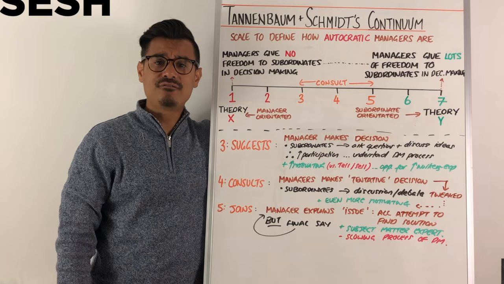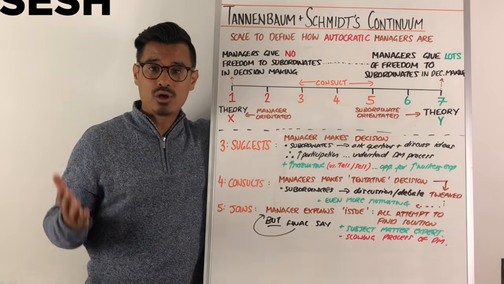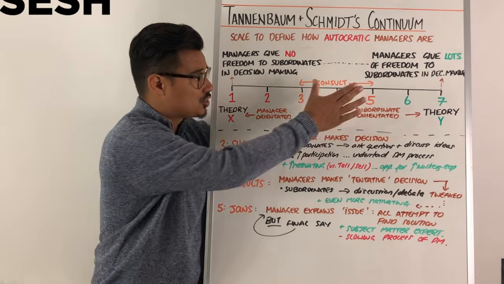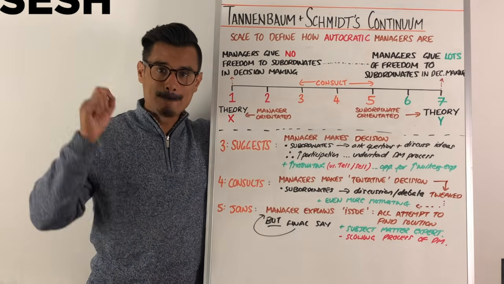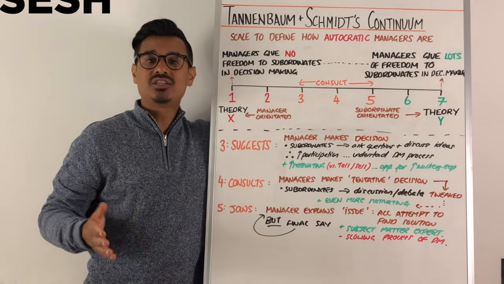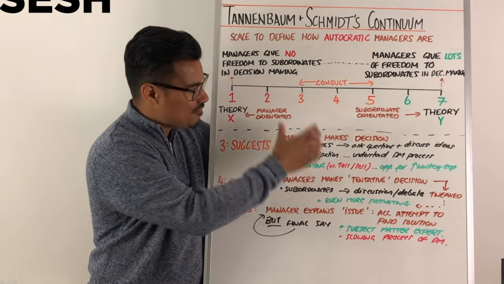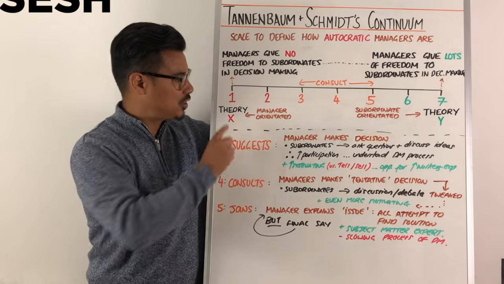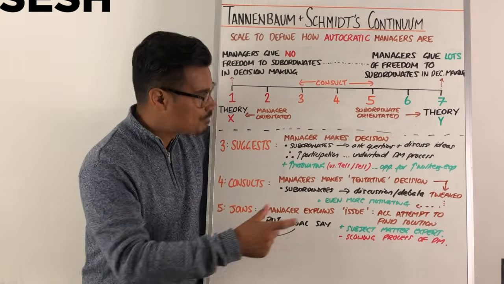Now let's look at 3, 4 and 5. Sometimes these are all clumped together and they are called consult, but we will go through each of the 3 parts of the consults. Start with suggests. Suggests is that the managers make the decision, but then subordinates are invited to ask questions or discuss ideas within that decision-making process. Therefore, it actively encourages more participation versus the extreme Theory X of 1 and 2, the tells and the sells.